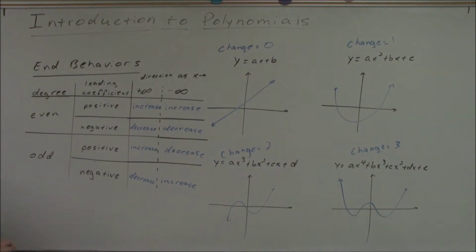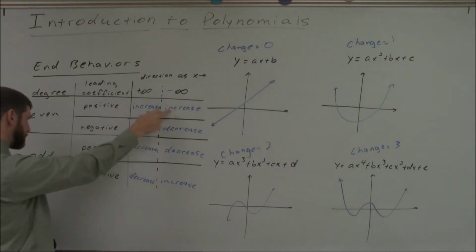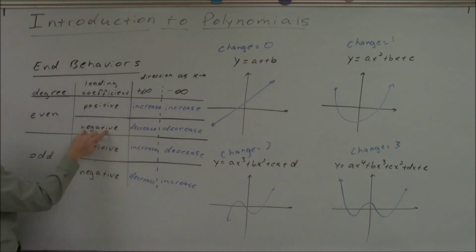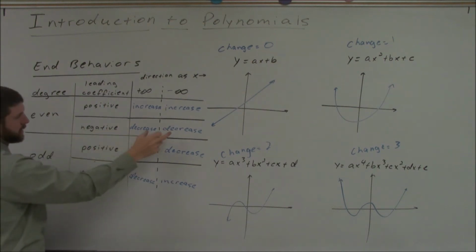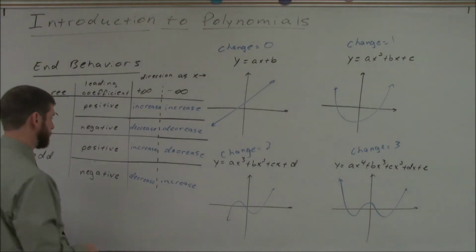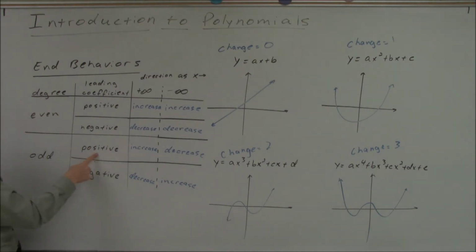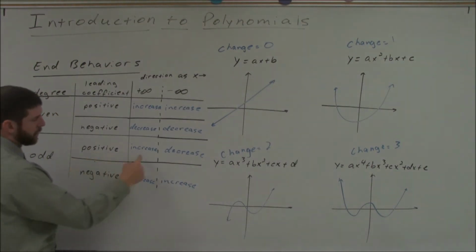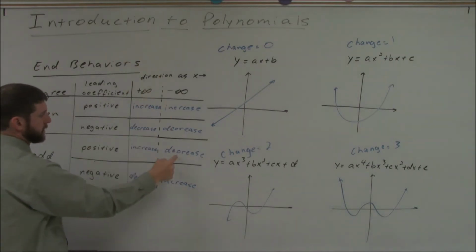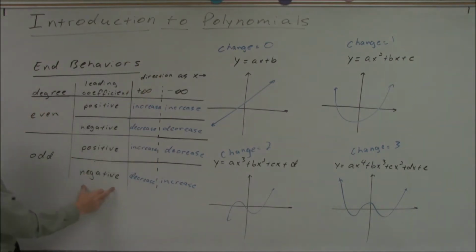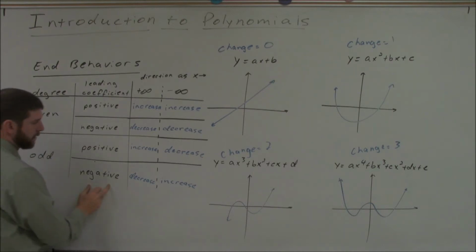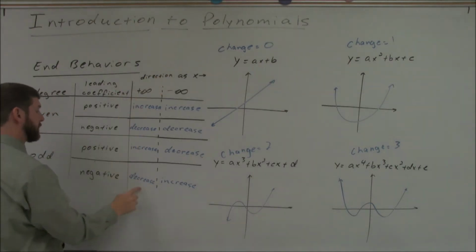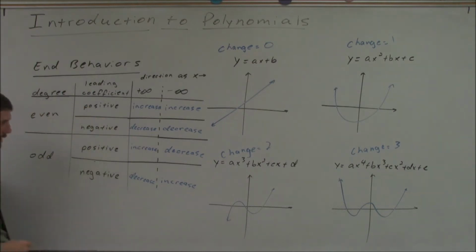So that's the relationship. Positive lead coefficient for evens will be increase, increase. Negative lead coefficient for evens will be decrease, decrease. Evens get the same. Positive lead coefficient for odds, I will increase to the right, decrease to the left. And negative lead coefficient for an odd, I will decrease to the right, increase back to the left.